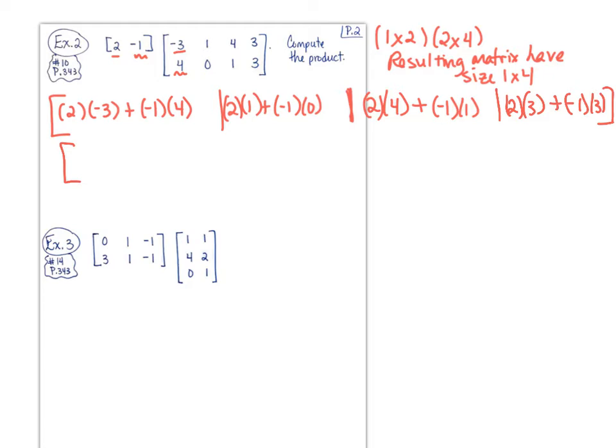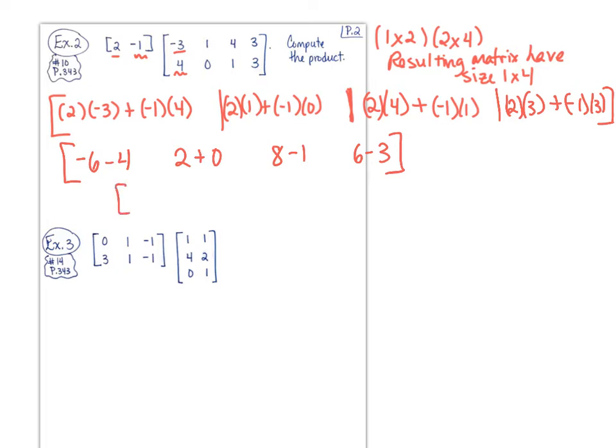So then we simplify. You have negative 6 minus 4. Then you'll have 2 plus what? Negative 1 times 0 is 0. And then we'll have 8 minus 1. And then we'll have what? Good. And I dropped those bars because typically, like I said, you don't write them.